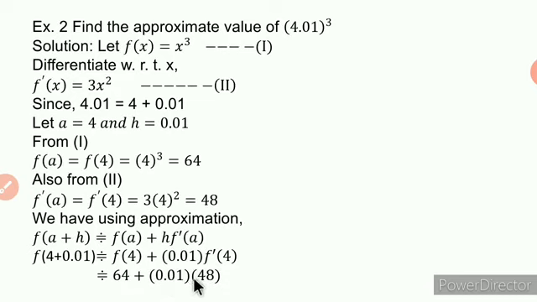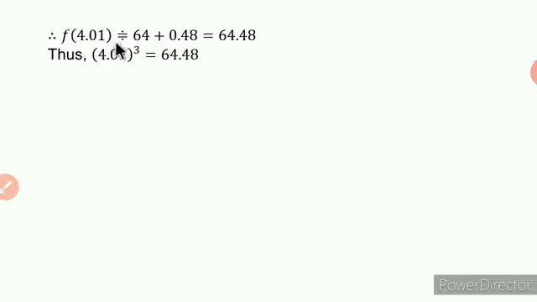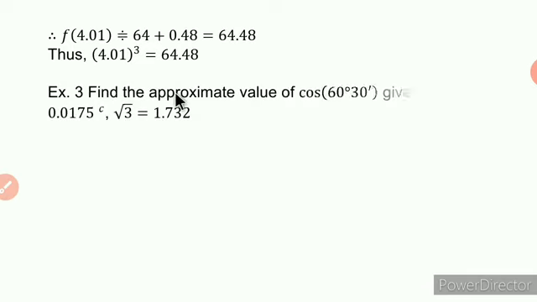Now 0.01 into 48 is 0.48. So we get f of 4.01 is approximately equal to 64 plus 0.48, which is 64.48. And thus 4.01 bracket cube is approximately 64.48.